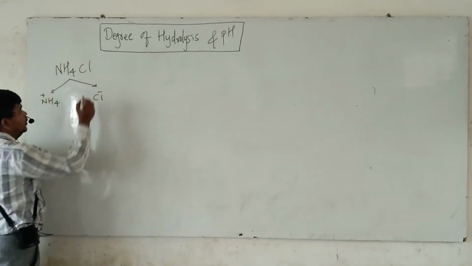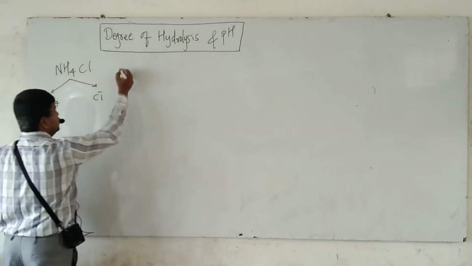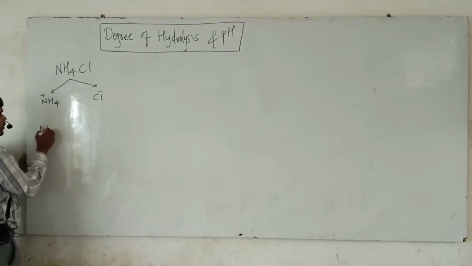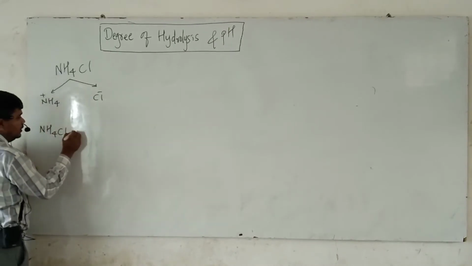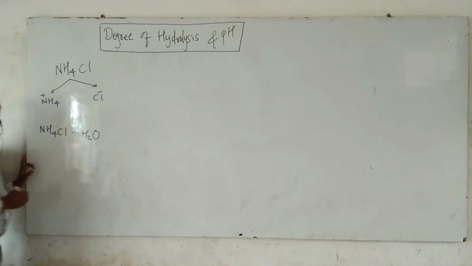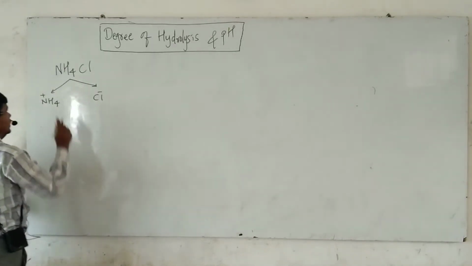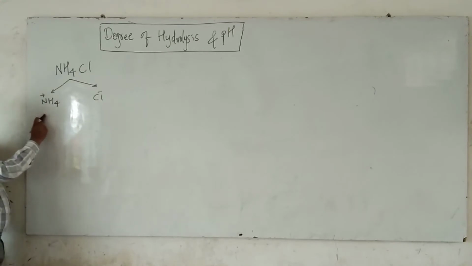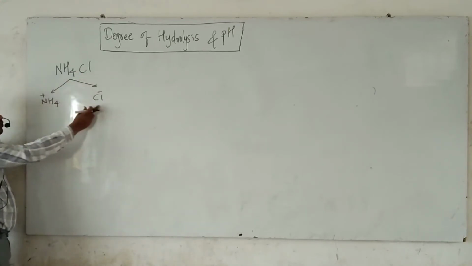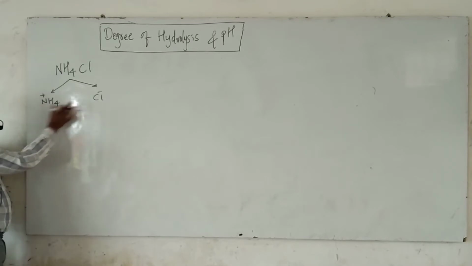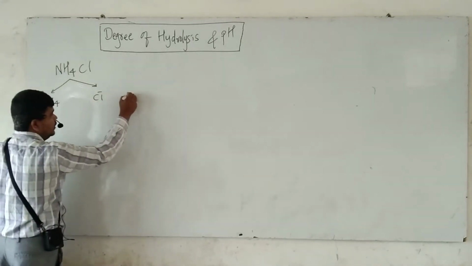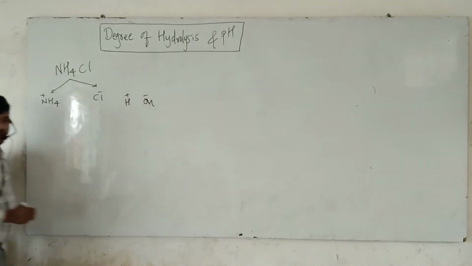Now, if NH4Cl is added into water, what will it give? NH4Cl will give NH4 plus and Cl minus. Water will give H plus and OH minus.